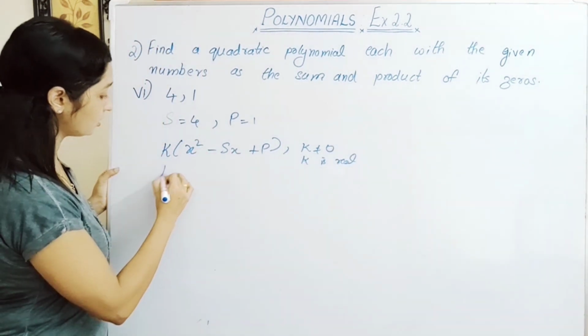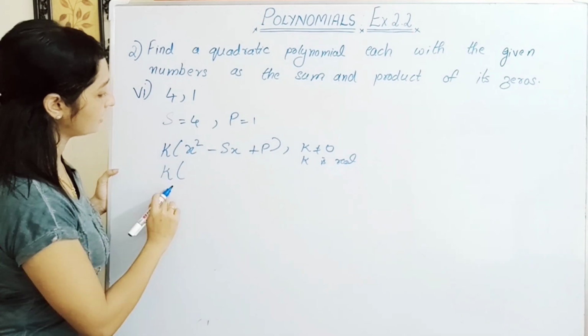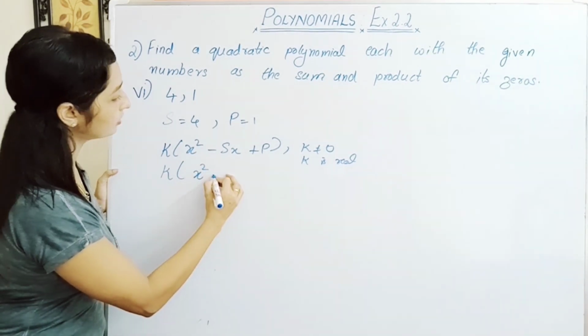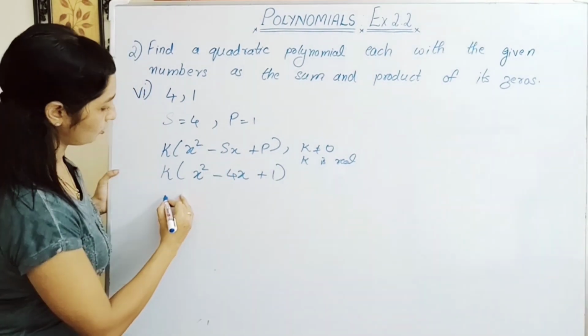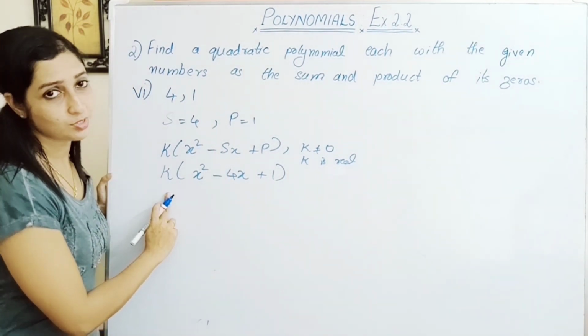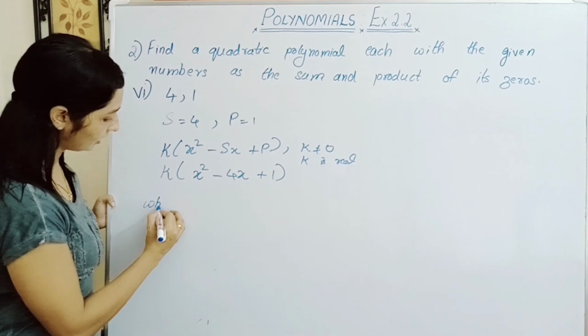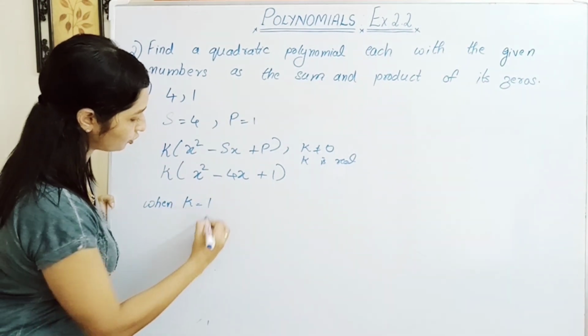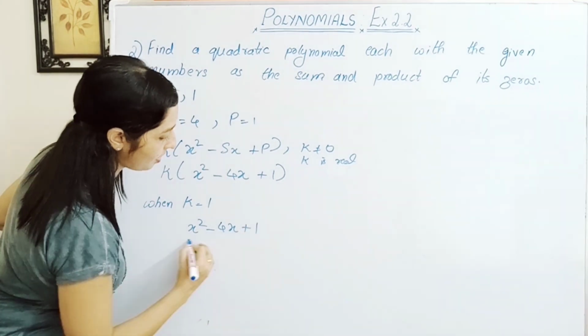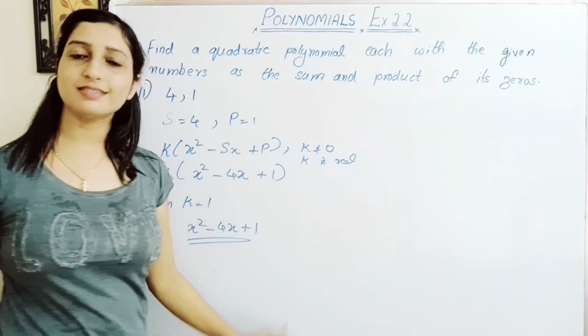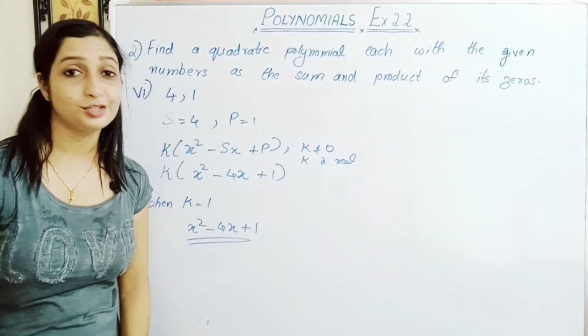So now substituting the value of s and p, you get k into x square minus 4x plus 1. So now what value will you substitute for k? When k is equal to 1, you get x square minus 4x plus 1. And this is our required quadratic polynomial.